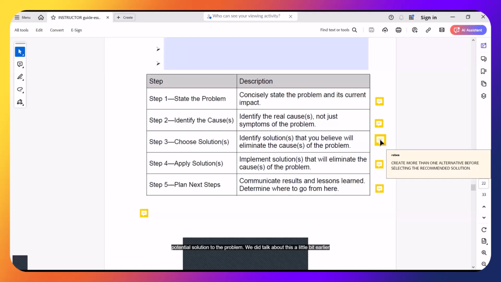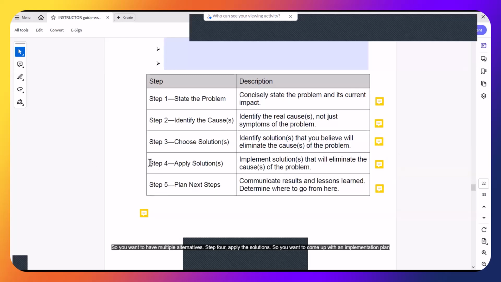We did talk about this a little bit earlier when we were talking about coming up with a problem, and someone comes up with first. This was, I believe, anchoring bias, when someone at a meeting comes up with an idea and everyone just runs with it. So you want to have multiple alternatives.